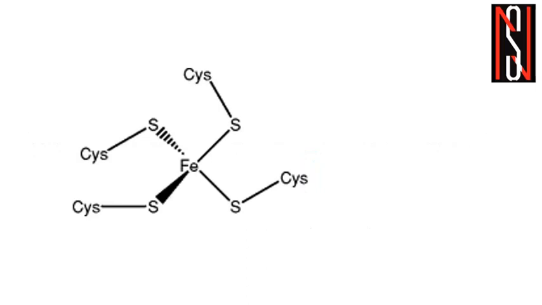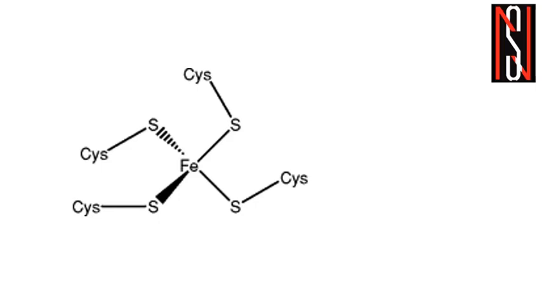Now, in Rubredoxin the iron is tetrahedrally surrounded, but the geometry is not perfectly tetrahedral. It is distorted. Why? Due to the radii difference between iron in +2 and +3 oxidation state.